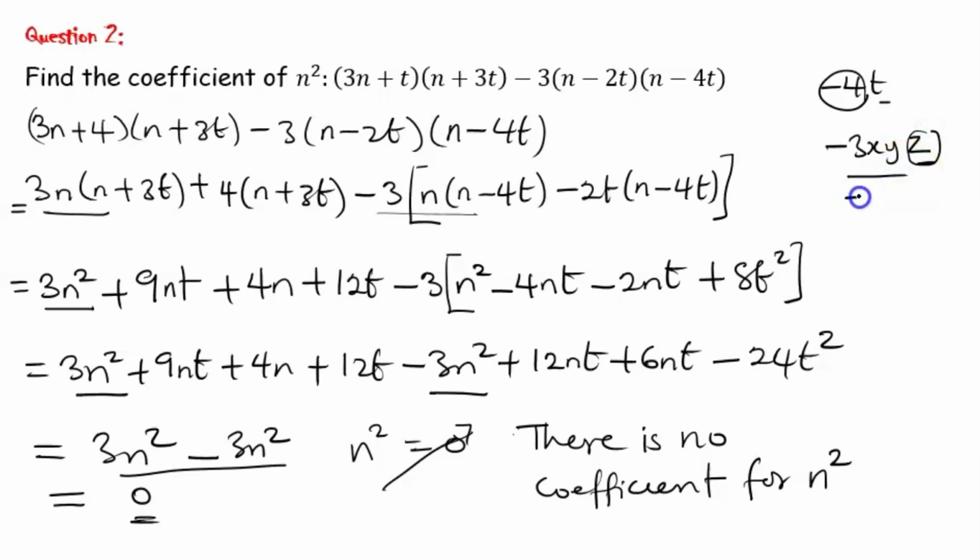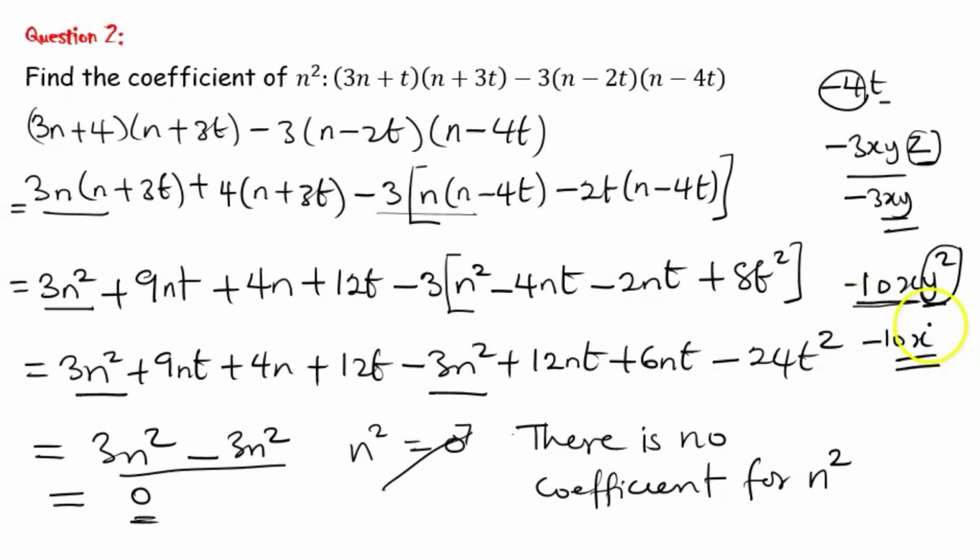I can see minus 3xy. So that will be the coefficient of z. If I have, for example, minus 10xy squared, the coefficient of y squared: if you just remove that, whatever you can see will be the coefficient. So minus 10x will be the coefficient of y squared.